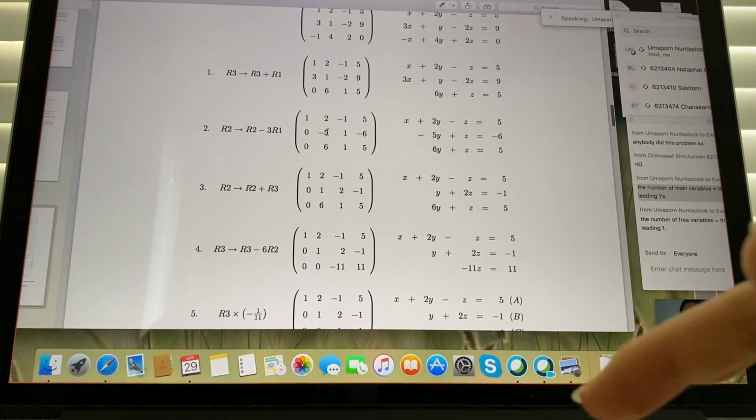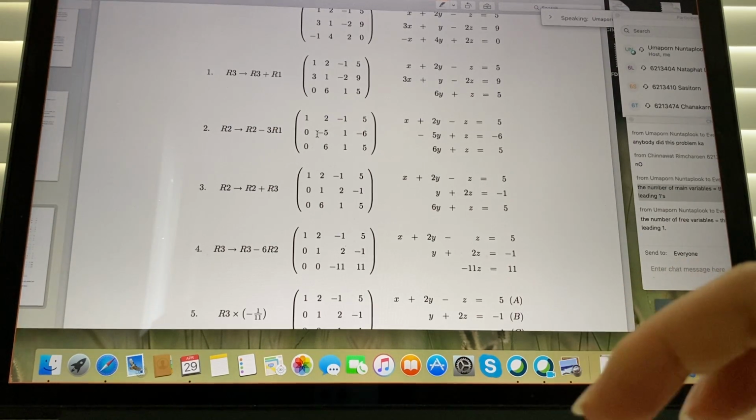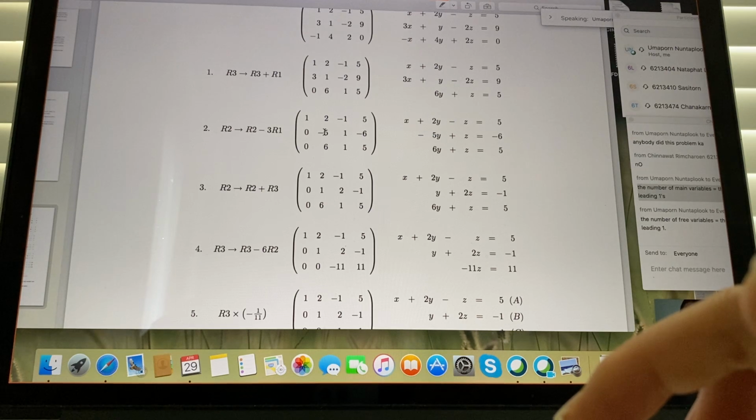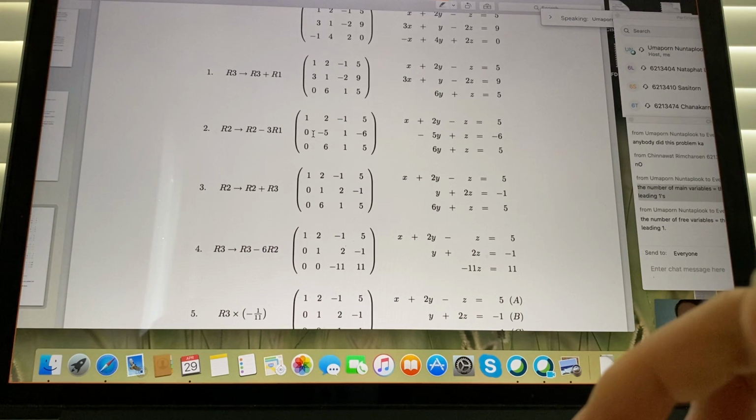Once you move to the next row, the first number that is not 0 is supposed to be 1. How are we going to do that? To make it become 1, you could divide through by negative 5 to get 1. But no, we don't want to do that.